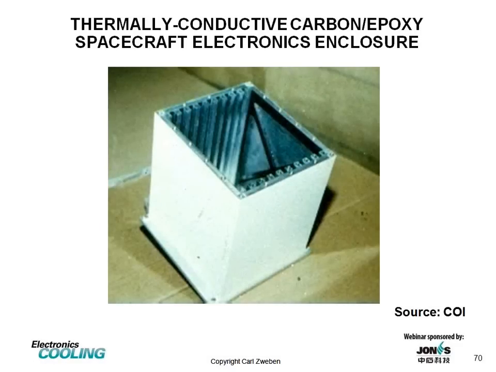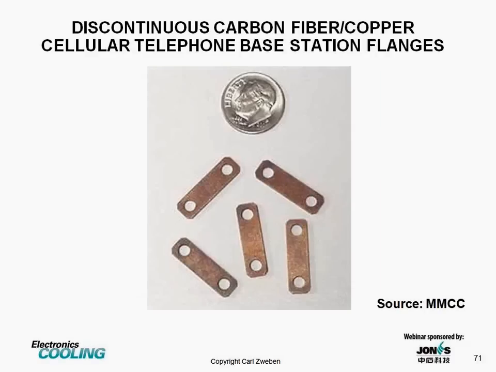Again, sticking with carbon fiber reinforced polymer, this is a spacecraft electronic enclosure made of an epoxy matrix reinforced with thermally conductive carbon fibers. The big advantage here is weight saving compared to aluminum. You get high stiffness and high thermal conductivity.